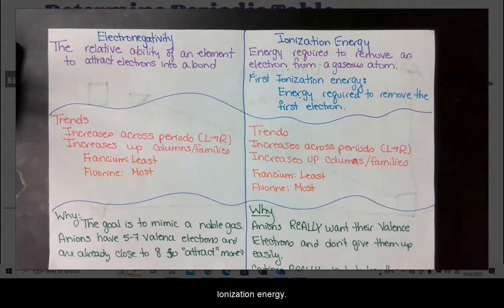Ionization energy. This is the energy required to remove an electron from a gaseous atom. First ionization energy is the energy required to remove the first electron. If you think of energy as the currency of the periodic table, it's really how expensive an element is and how expensive they hold their ions.